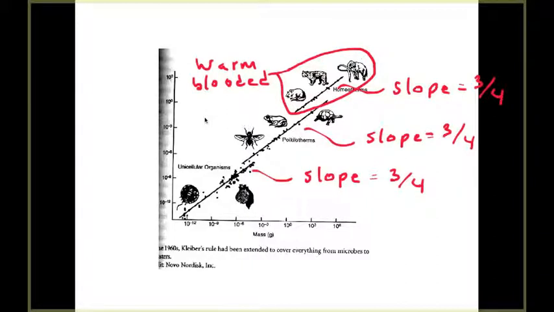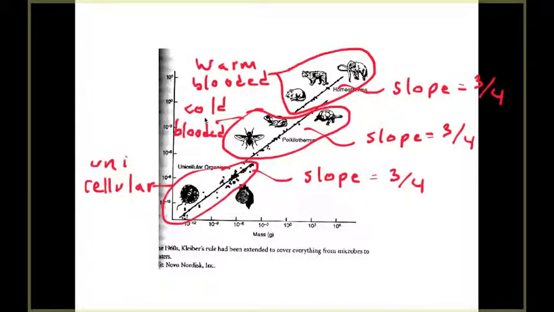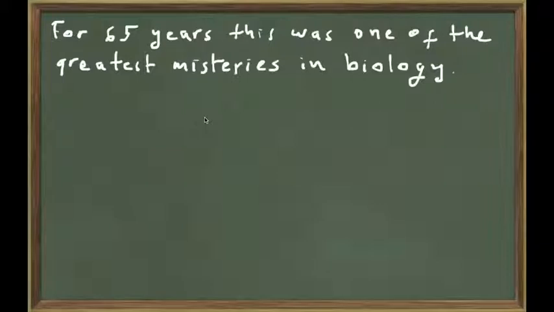If you do the same plot for the cold-blooded animals, then you get the same slope, 3 over 4. And if you get a plot for unicellular organisms, you still get 3 over 4, right? The lines have the same slope, the intercepts are different, and that seems to be associated with the body temperature of the organism. So this was really a big mystery for 65 years.